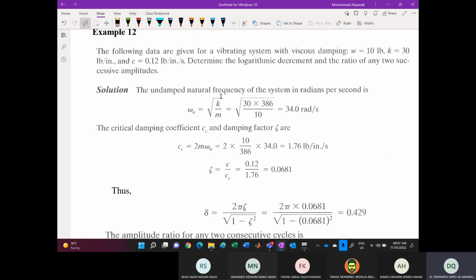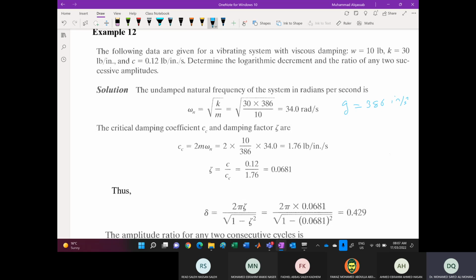The mass is not given, the weight is given in pounds, so m is W over g, so it is 30 divided by 10 divided by g. g is in inch per second squared, 386 inch per second squared.